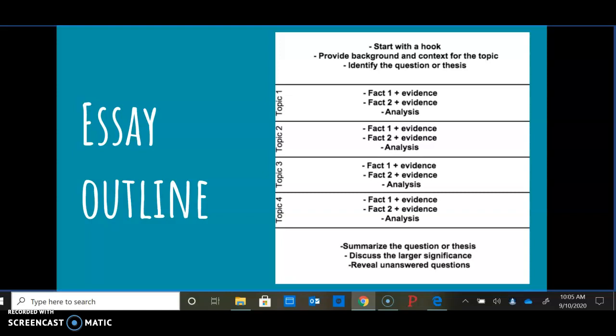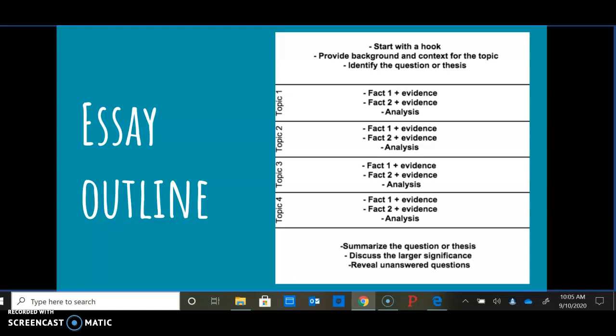Usually in science, you might have a question or a hypothesis, but in English we have a thesis. So we're going to identify what our thesis is, and that's what we went over back on the last slide.